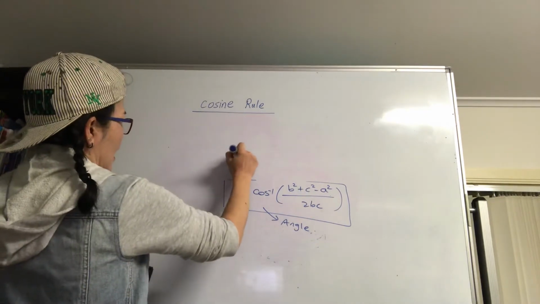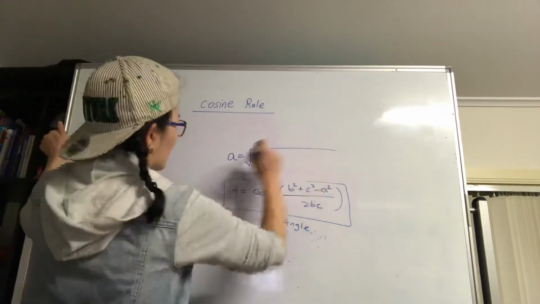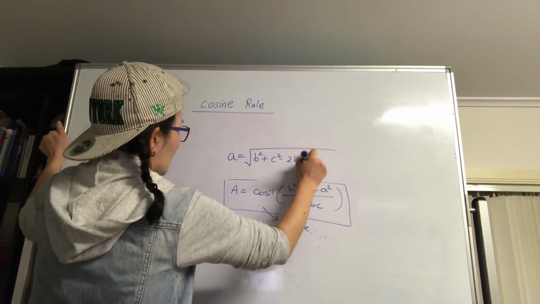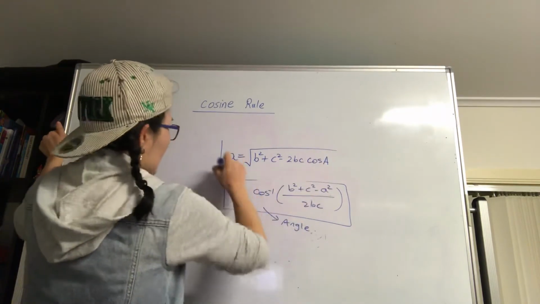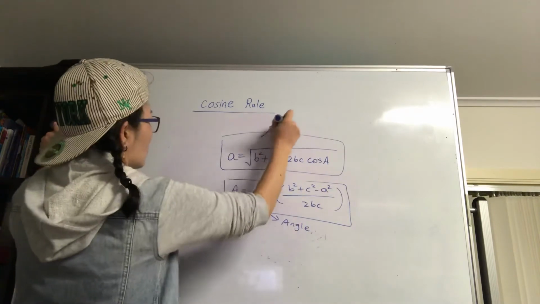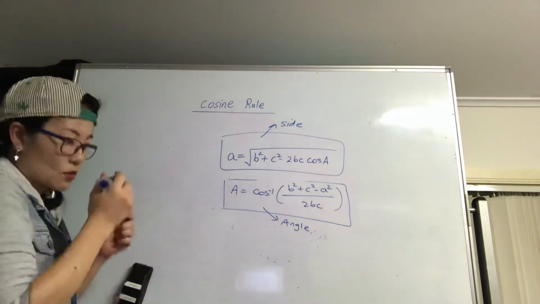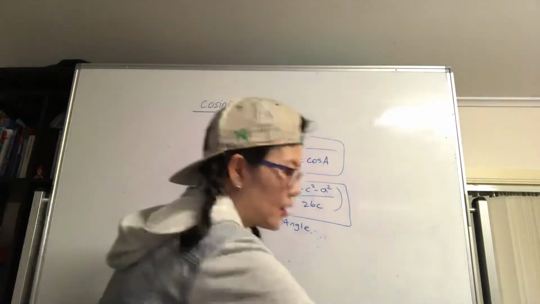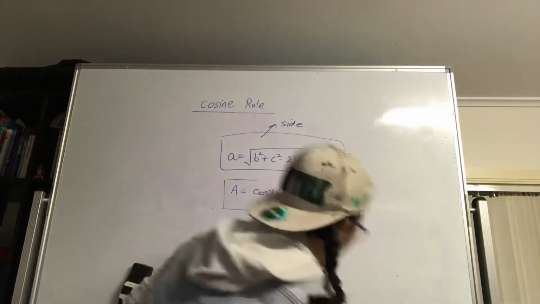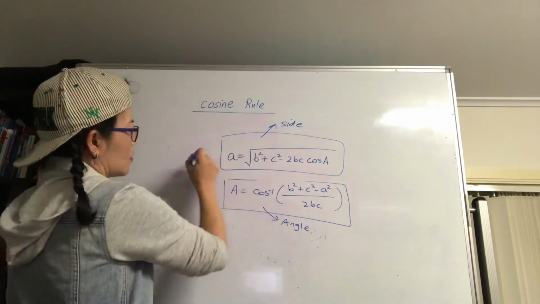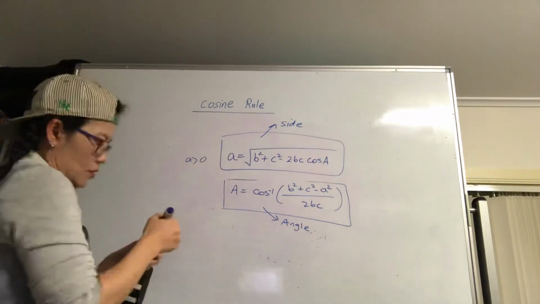Side: b squared plus c squared minus 2bc cos A. This is for the side, and this is for looking for the angle. Okay, so memorize this. We don't really count negative because A has to be bigger than 0.